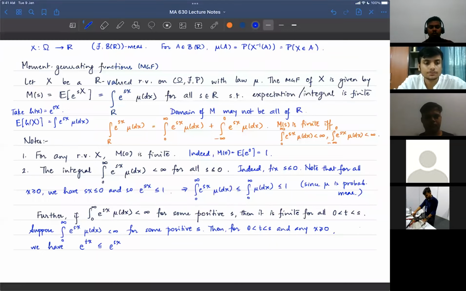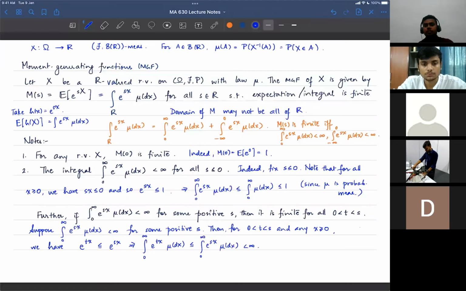Again, we're dealing with non-negative functions. And so the integral from 0 to infinity of e to the tx mu dx is less than or equal to the integral from 0 to infinity of e to the sx mu dx. And of course, the right side is finite by assumption.